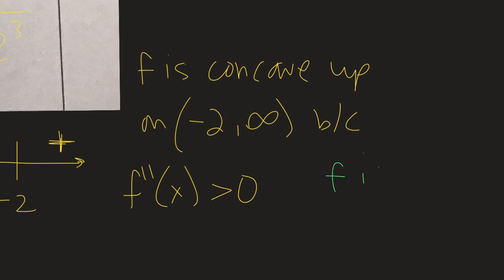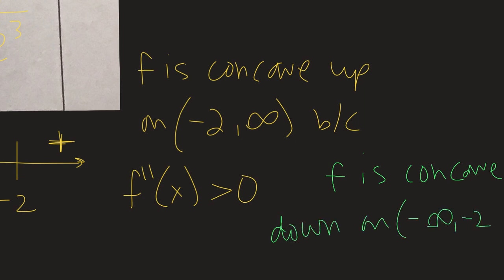And f is concave down on -infinity to -2 because the second derivative is negative. Okay, so calculus needs you to justify this, and you're simply using the rules of the second derivative test.